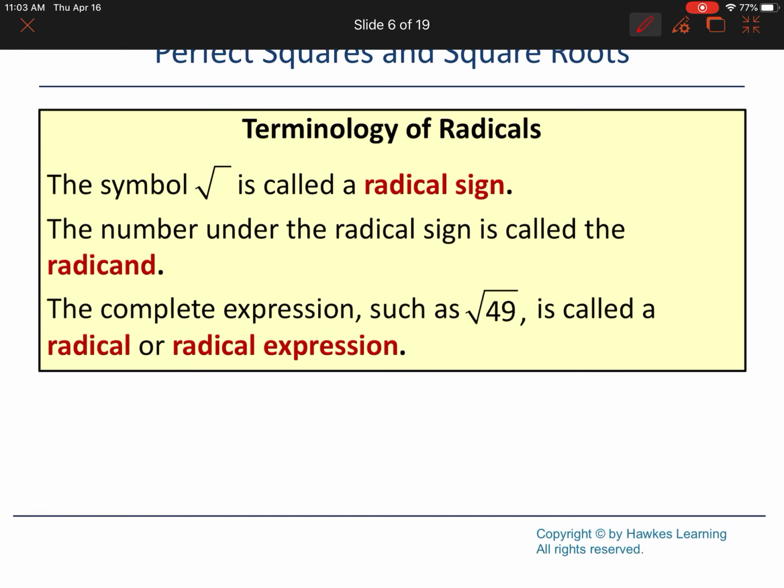Okay, so here's some more terminology. We have this symbol called a radical sign. So this radical sign right here is what we use when we're talking about a square root, right? So let's think about this one that we have as an example here.